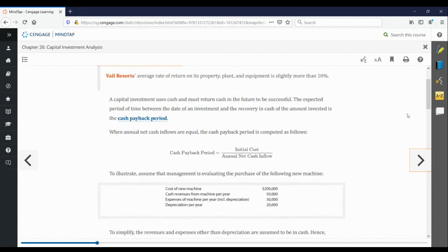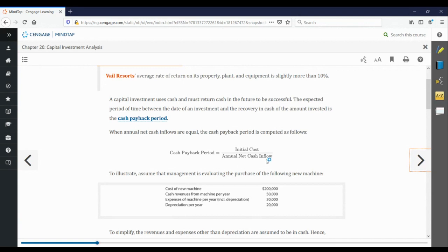And so the cash payback period has a simple formula that we will use to determine it. First of all, we have to determine what we believe the initial cost of the asset is going to be. Then we will divide that by the annual net cash inflow amount.